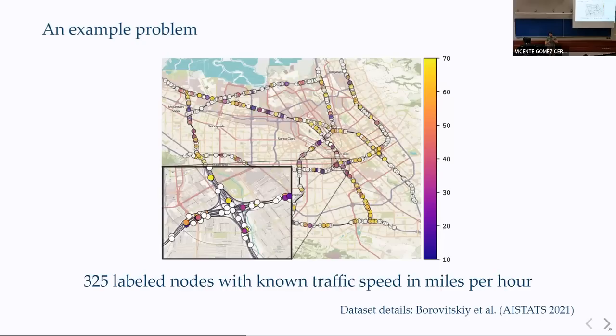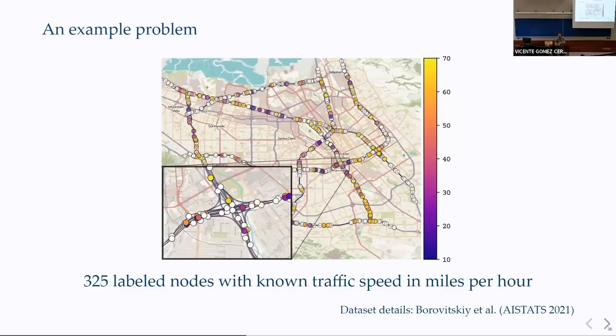On this graph, we have 325 measurements of traffic speed. There is a performance measurement system on California highways that freely offers data sets of speed measurements across the highways.